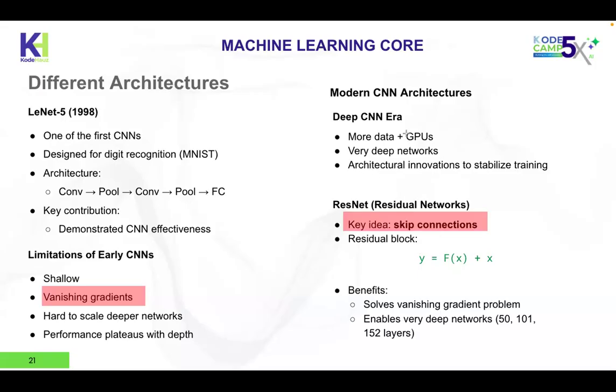I'm going to show you that shortly. So that's one of the things that came up as an innovation in the early 2000s to counter this whole vanishing gradients problem. And there were other things that also allowed us to build deeper networks.